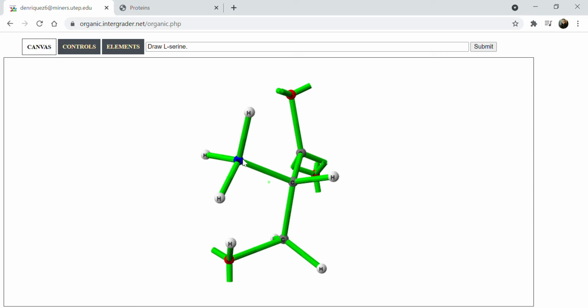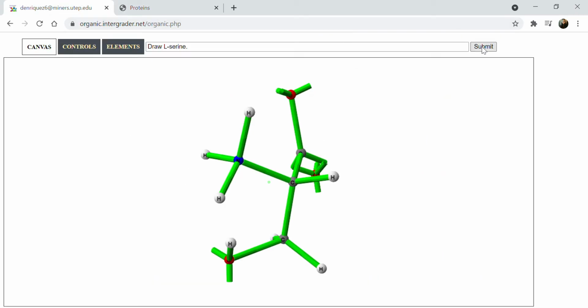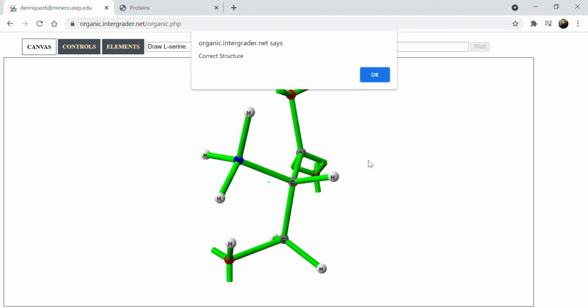So we've got it on the left side, our nitrogen, which means that it is in fact L-serine. But I look on here. Okay, yeah, these should be on the same side according to this picture. So we see them, there would be, if you can imagine, a hydrogen. So this should be good. Let's try it out. If not, I'll. Okay, awesome.